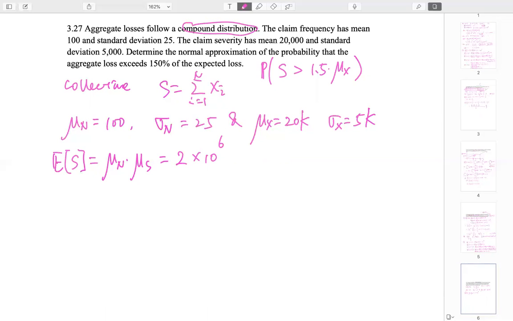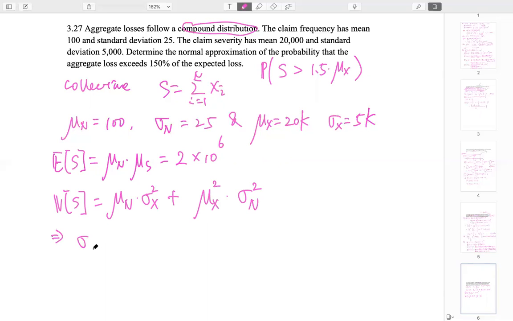We need to know the variance. Variance is mu N times sigma X squared plus expectation of X squared times the variance of N. You can easily calculate from there.